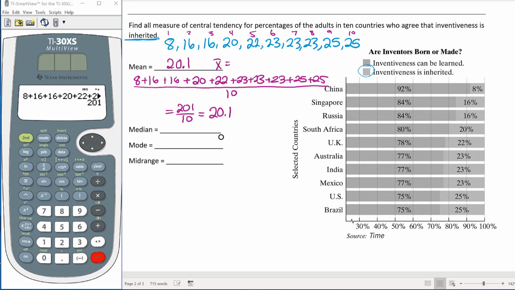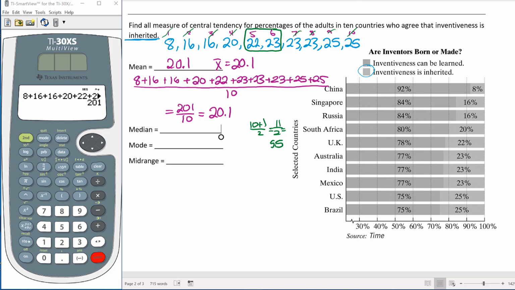Another way of saying that is x bar is 20.1. The median is the middlemost number. To find which data item that is, I can take n plus 1 divided by 2. That's 11 divided by 2, which is 5.5, meaning the middlemost numbers are between the 5th and 6th data items. Or I could have canceled out the first and the last, and kept doing that until I got to the middlemost.